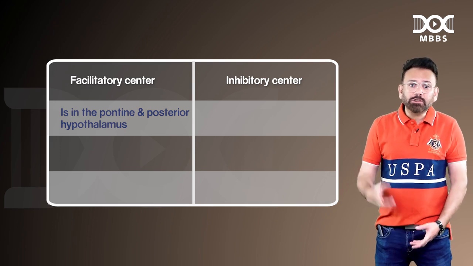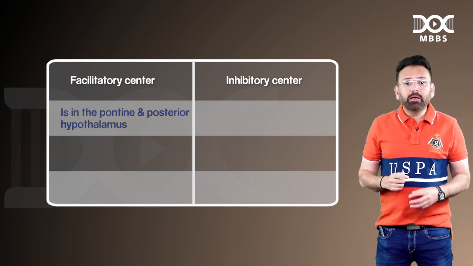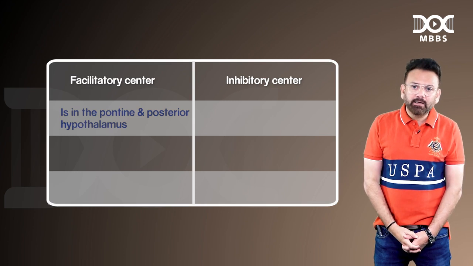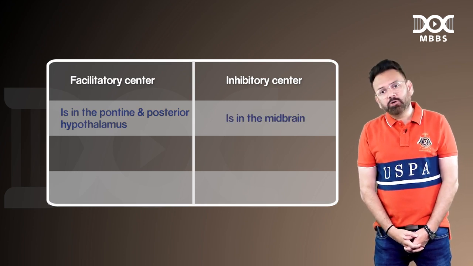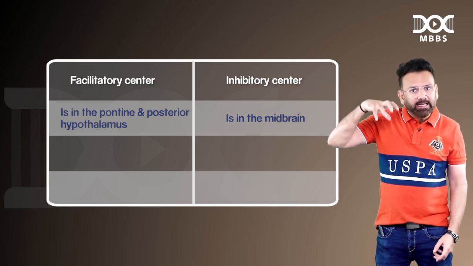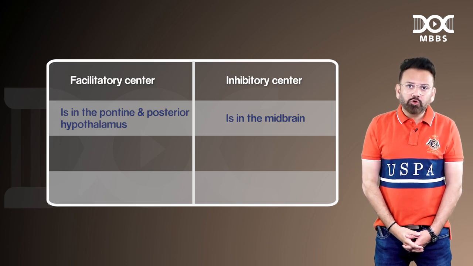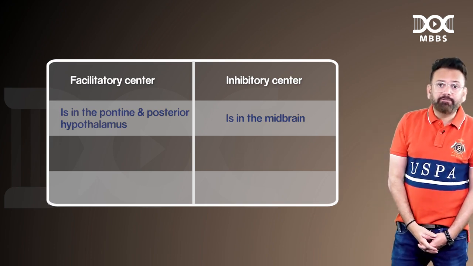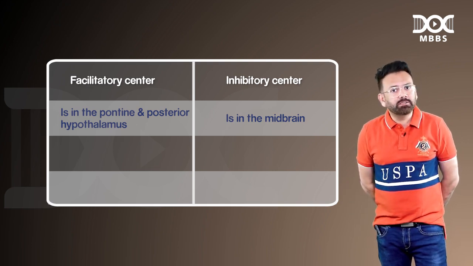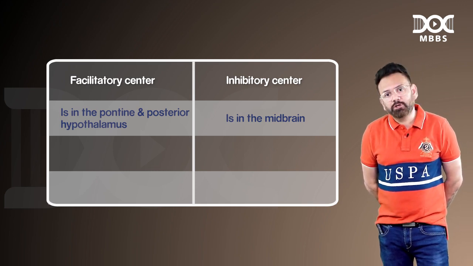Yes, because the pons and posterior hypothalamus, these two P's, are facilitatory to this reflex. On the other hand, the midbrain is inhibitory to this reflex. So from the cortex as well as from the midbrain, the micturition reflex can be inhibited. Is this clear? So the pons is very important. Pons is facilitatory, and that is why in the cold, when the posterior hypothalamus is stimulated, there is increased frequency of micturition.